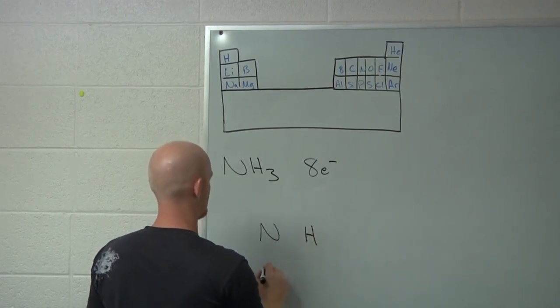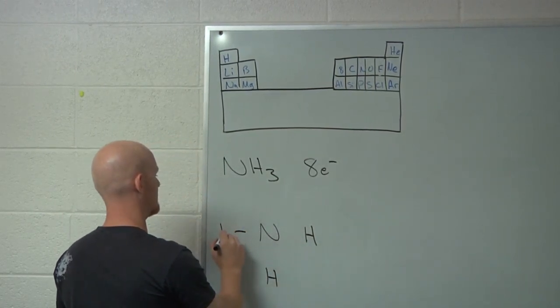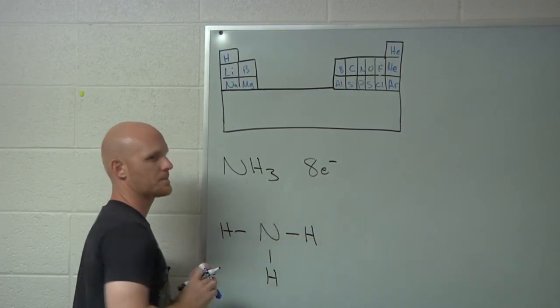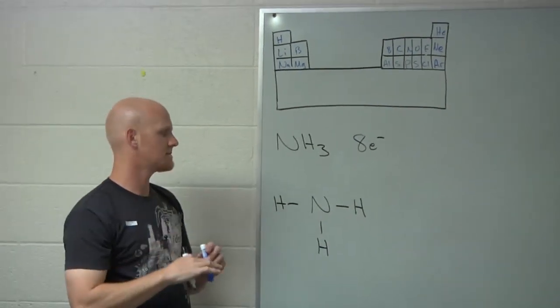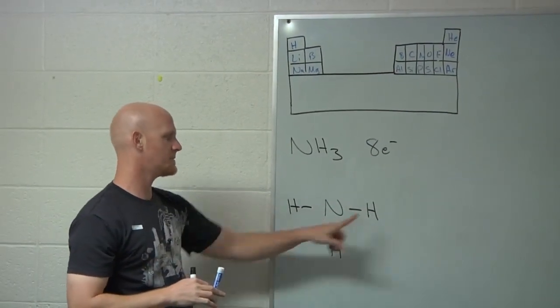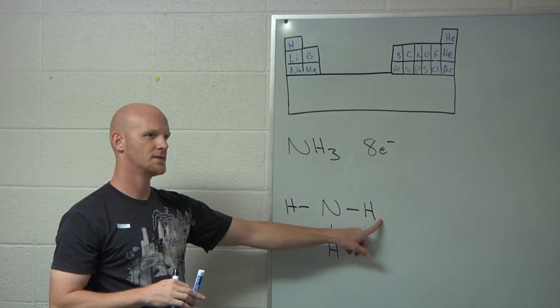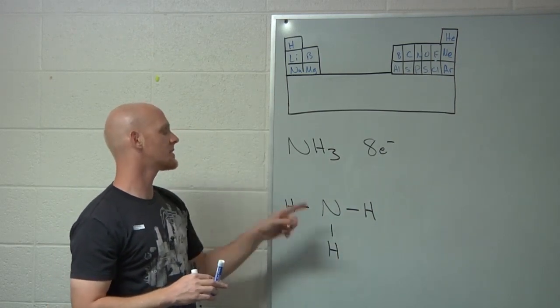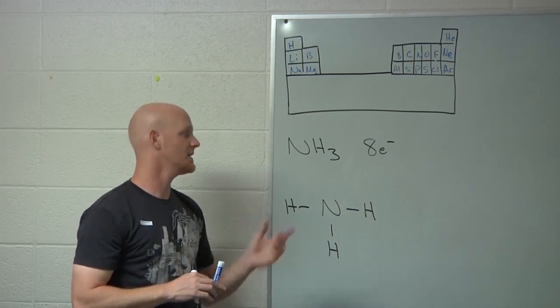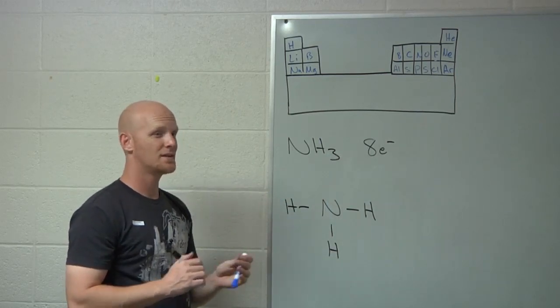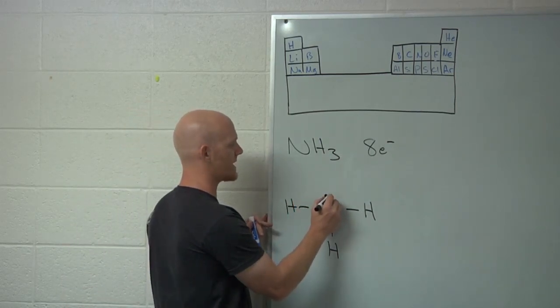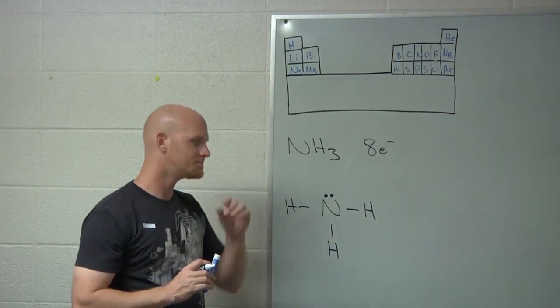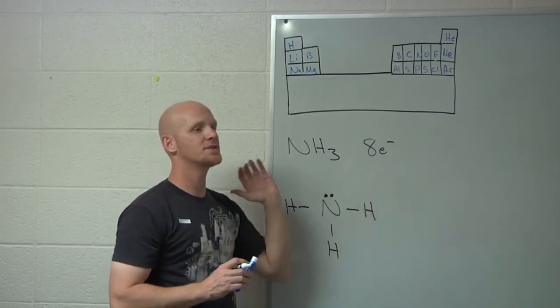Nitrogen. And again, we'll set up the skeleton with all single bonds. And then I fill up the outside atoms. How many more electrons does the hydrogen need? He's full, he's full, he's full. Any leftover electrons then go on the central atom at that point. Do I have any leftover electrons? Yeah, I got 2 left. So the central atom gets them as a non-bonding pair. Cool, and now I'm out of electrons.